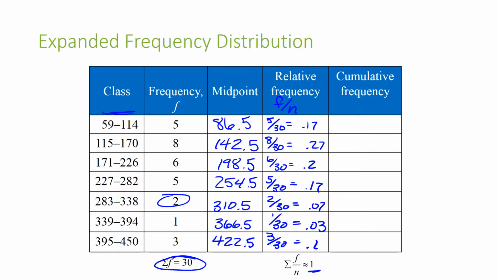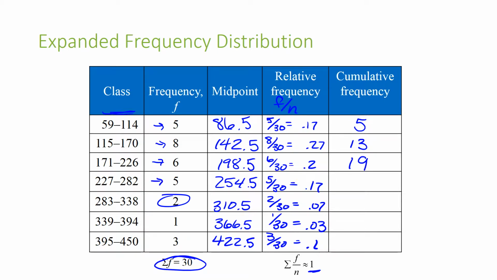So the cumulative frequency is just the frequency of the category you're at and all the others added together. So for our first class, there are no previouses, so the cumulative frequency is just 5. For the next class, it's the 8 plus the 5. So that's a total of 13. Now for this one, we're adding 6 to our previous total, getting us 19.